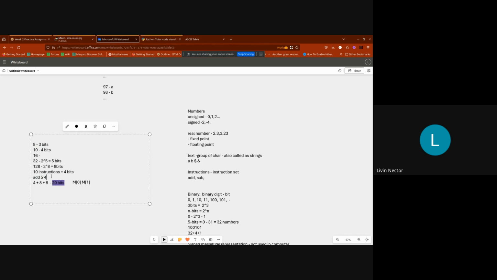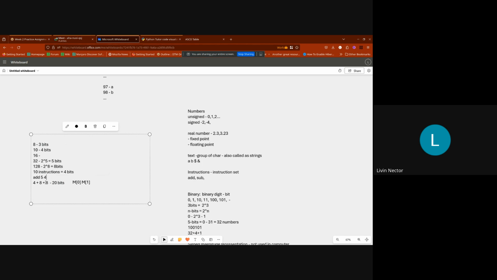These instructions are just made up. Actually, every processor will have its own instruction set. Intel processors have their own instructions, other companies' processors have their own instructions, and RISC-V processors have their own instruction sets.